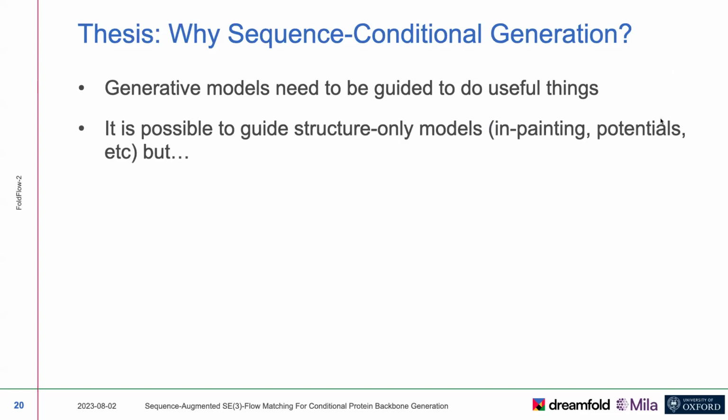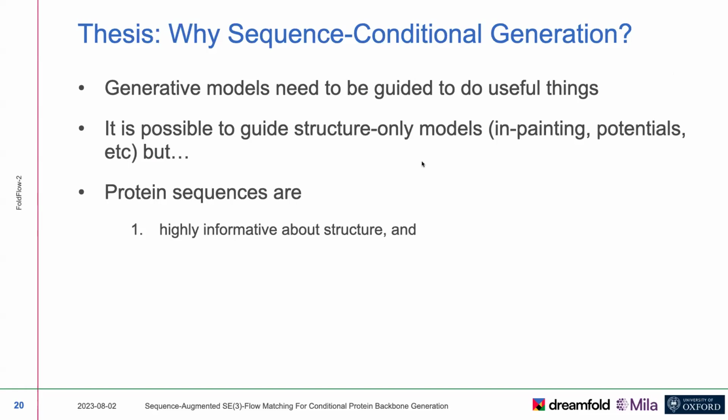For us, it's possible to guide structure-only models like FoldFlow. You can do the in-painting trick, you can use potentials to guide your flow, but it's true that protein sequences are highly informative about structure. In fact, they determine structure, as Guillaume mentioned earlier.